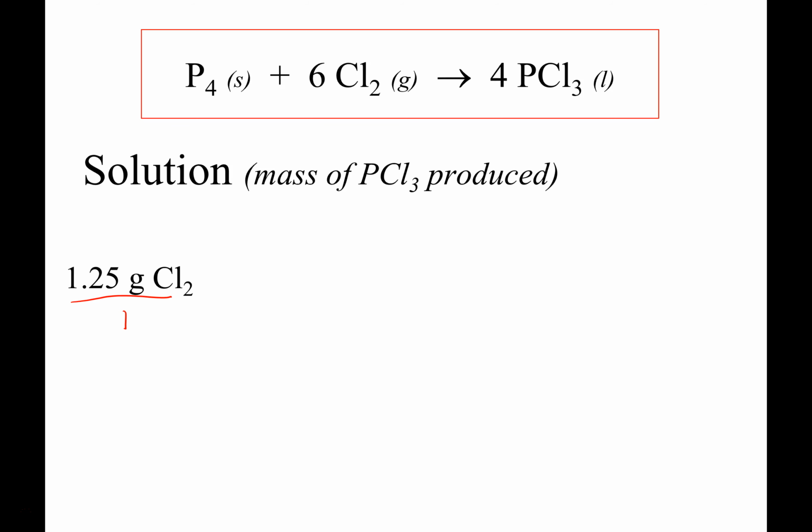So we want grams of Cl2 to cancel. We want to be left with moles of Cl2. And the previous slide says the molar mass of Cl2 is 70.90 grams of Cl2 per 1 mole of Cl2.